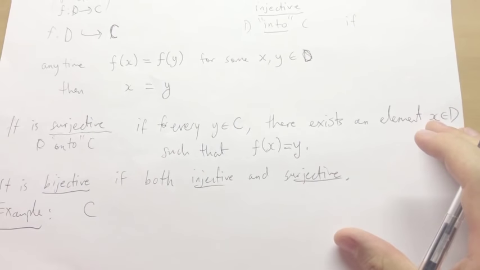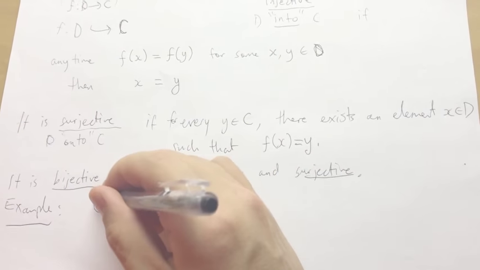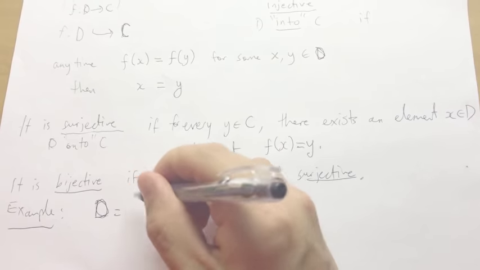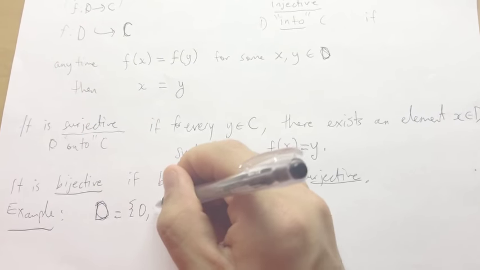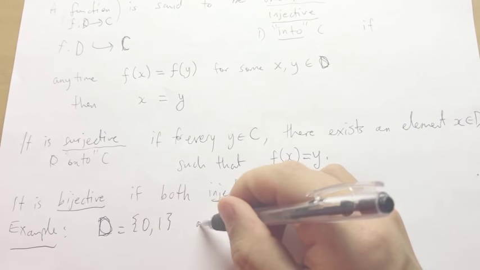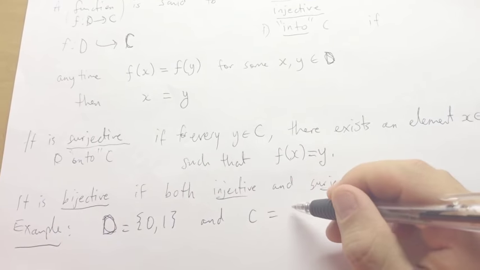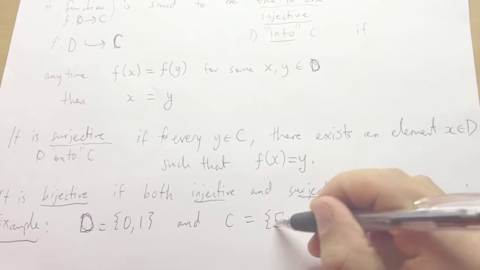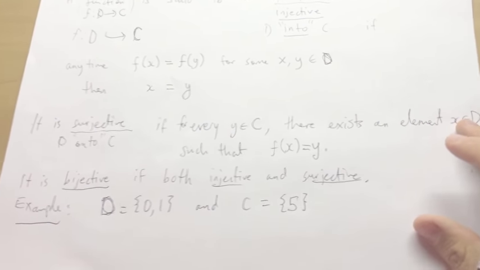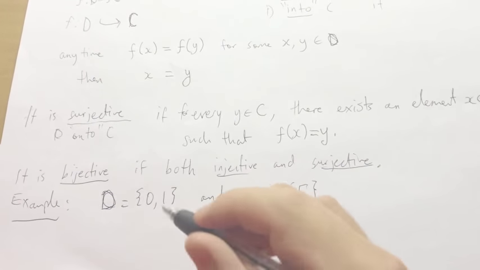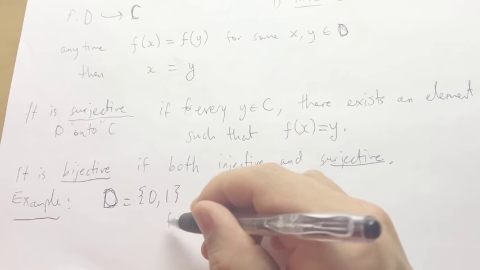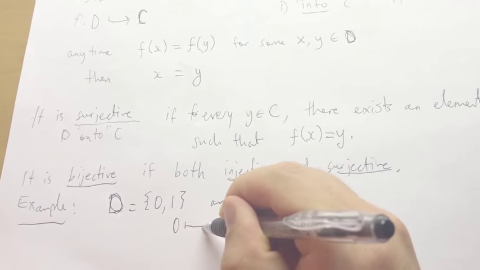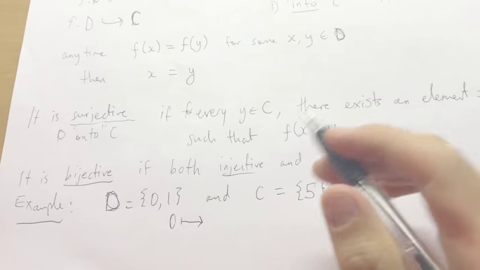The domain D equals 0 and 1, and the codomain C equals just one thing, let's say it's 5. Okay, and define our rule to be 0 goes to 5.